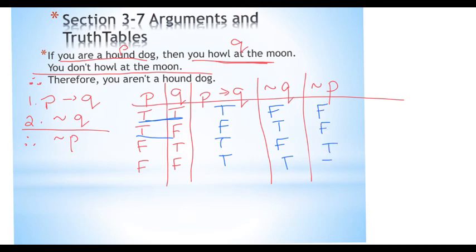Now, the last thing you want to do is you want to determine if your argument is valid or not. To determine if your argument is valid, what you have to do is you have to look at your conclusion column, which here's my conclusion, here's a premise, here's a premise. And the only rows you have to look at in your conclusion column are where you have a false answer.